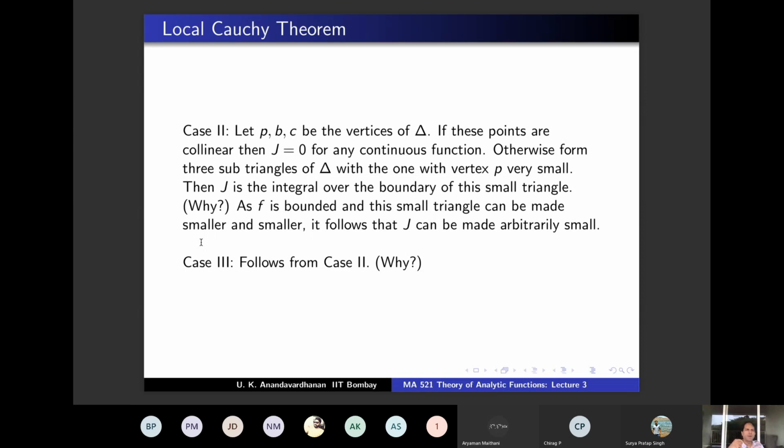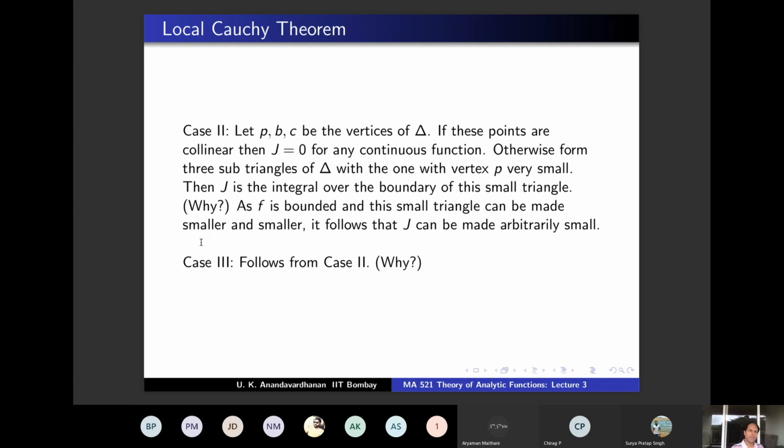If it's a point inside, what you do is you form three triangles using that P. So if A, B, C are the vertices, you form APB, APC and BPC. For each of these three triangles, the integral is 0 by case 2. Therefore, case 3 follows.